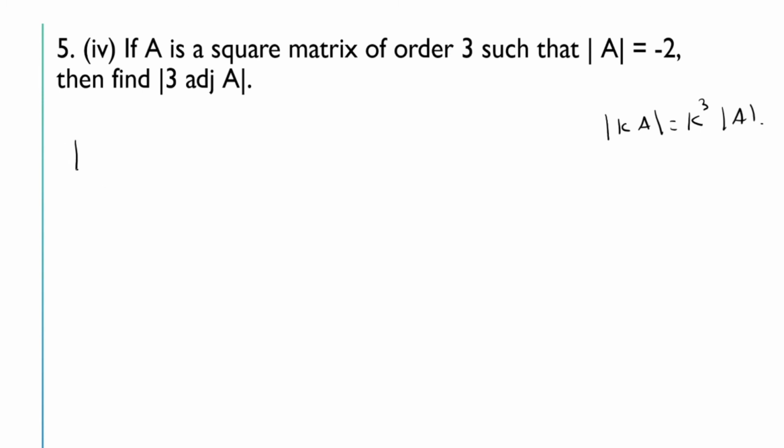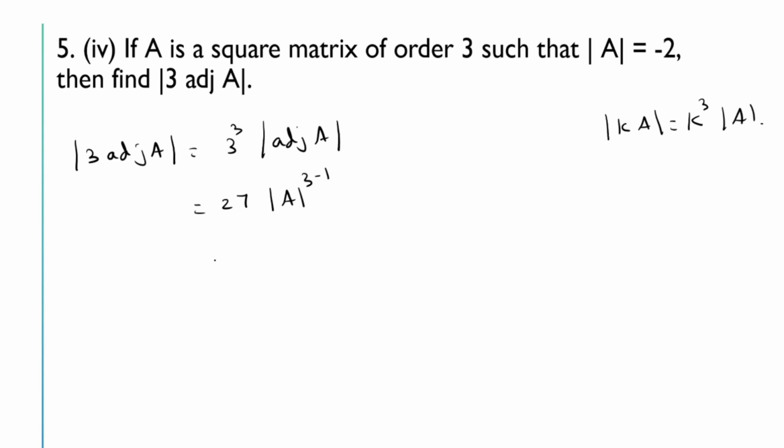So here determinant of 3 into adjoint of A is equal to 3 cube into determinant of adjoint of A, or this is equal to 27 into determinant of adjoint of A, which is nothing but determinant of A the whole raised to 3 minus 1, because here A is a square matrix of order 3.